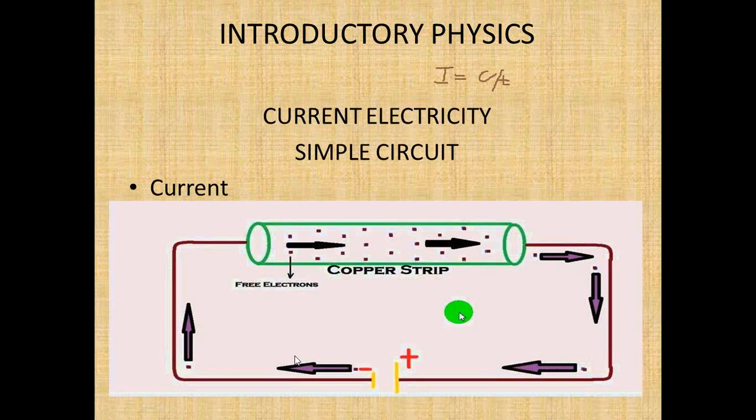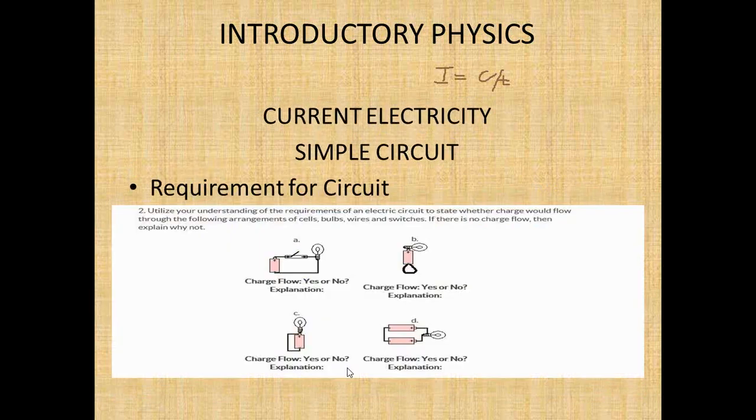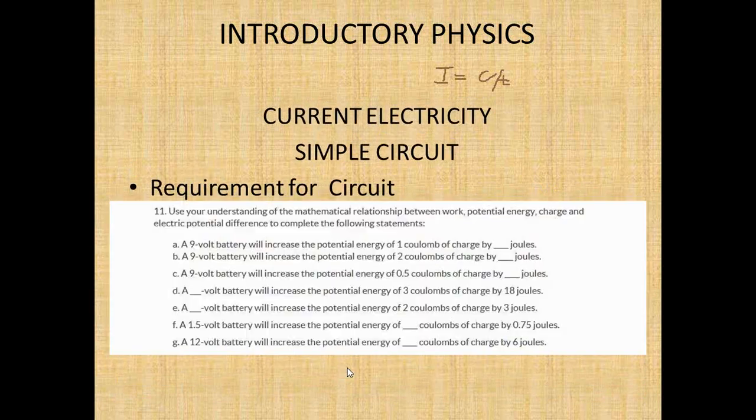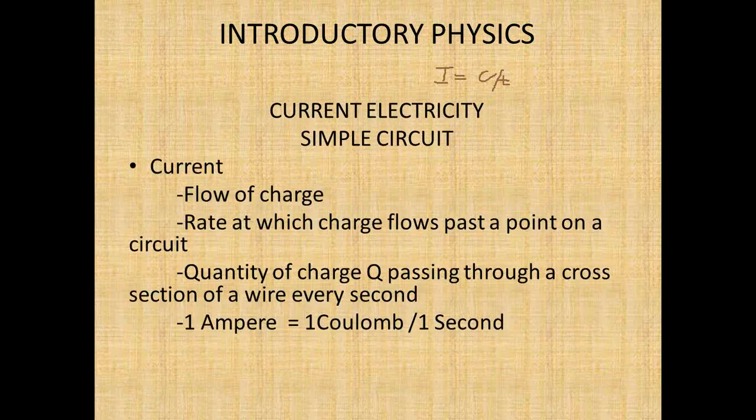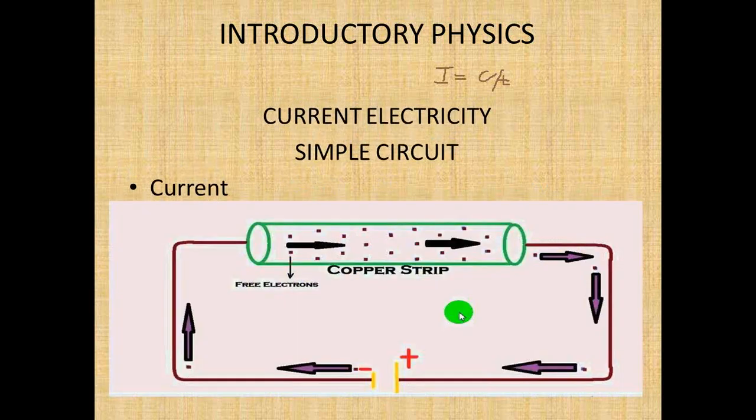The electrons are going to move from the negative terminal to the positive terminal. The current, by definition, is going to move from the positive terminal to the negative terminal.